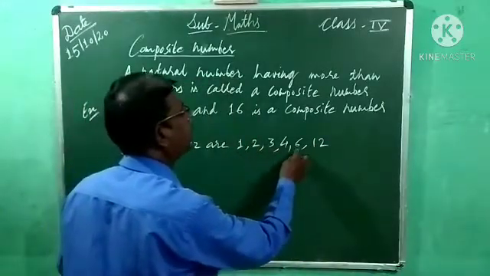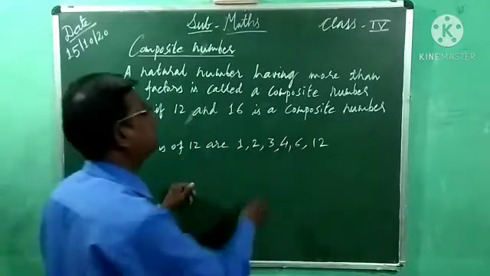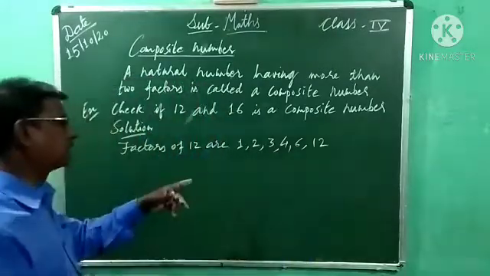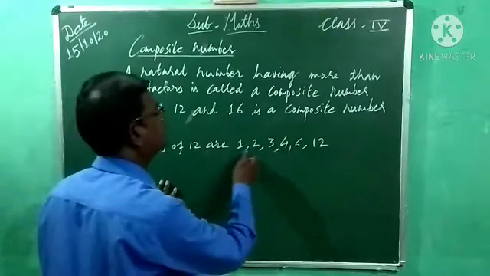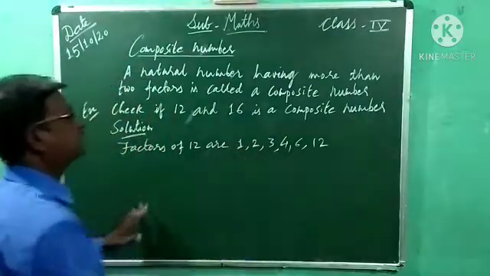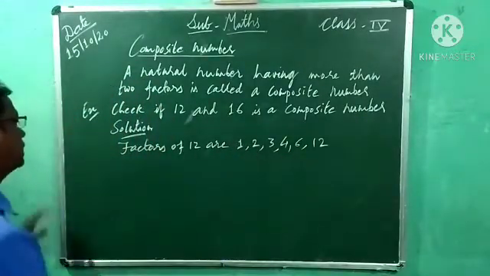So how many factors did we get in total? 1, 2, 3, 4, 5, 6. Since 12 has 6 factors, more than 2 factors, that's why 12 is called which number? Composite number.